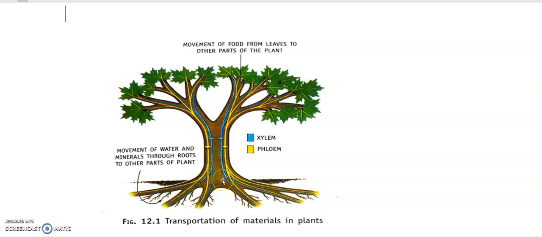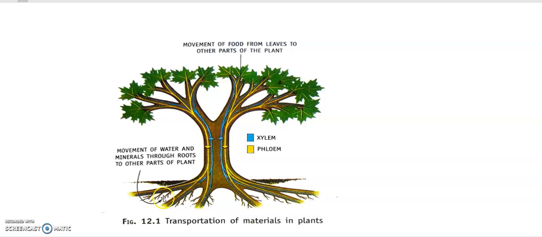Now the question here is, why these root hair? Why can't we just do with the main roots only? When we water plants, or when the soil contains minerals, they need to be transported in the plant, right? There has to be more surface area for absorption, so root hair increases the surface area for absorption.